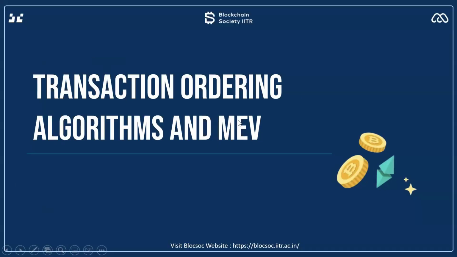So today's lecture is on transaction ordering algorithms and MEV. Basically, ordering algorithms are used in sequencers, where the sequencer node orders the transactions to get the maximum economic benefit.